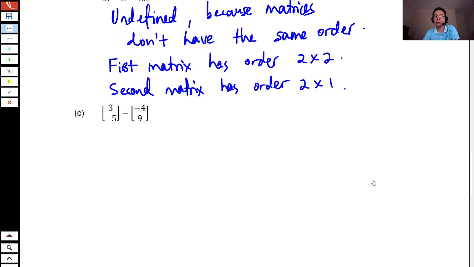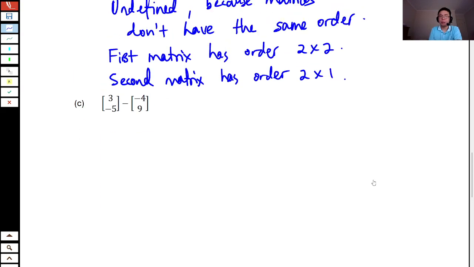All right, for this third example here, I've got the matrix 3, -5, take away -4, 9. So just like addition, what we're going to do is check, do the matrices have the same order? Yes, they're both 2 by 1 matrices. And we're going to do subtraction this time by matching the positions. So my first number is going to be 3 minus (-4).